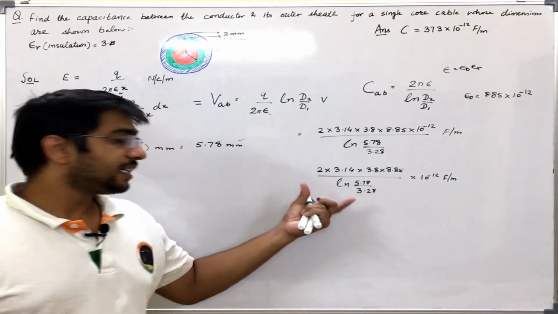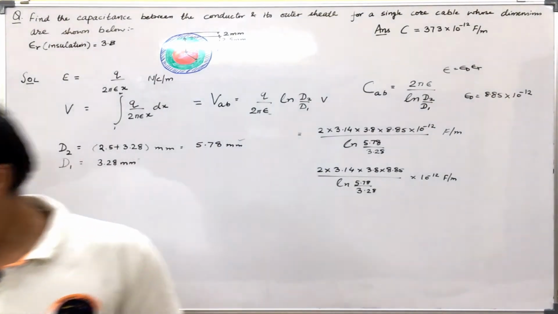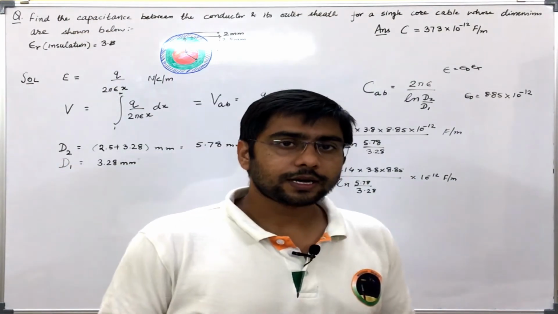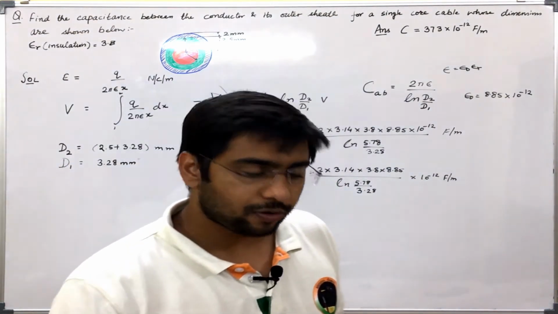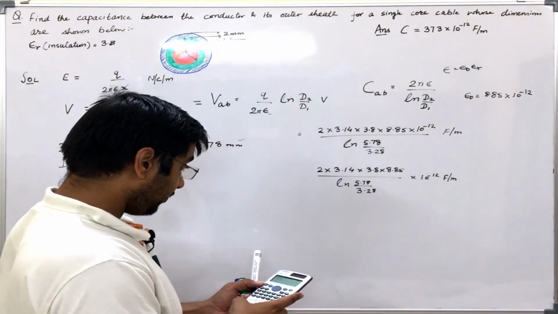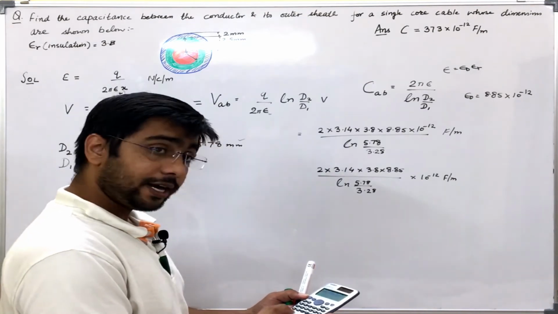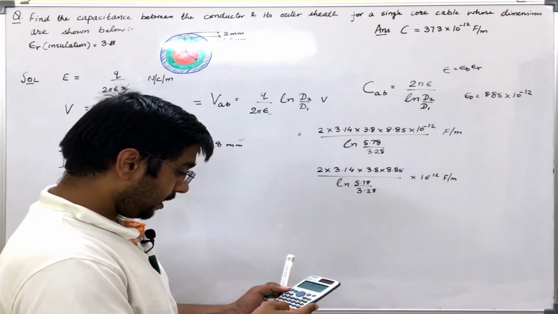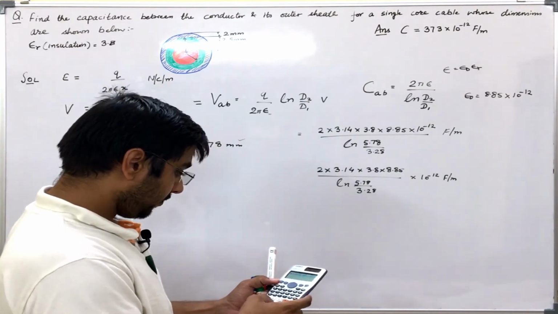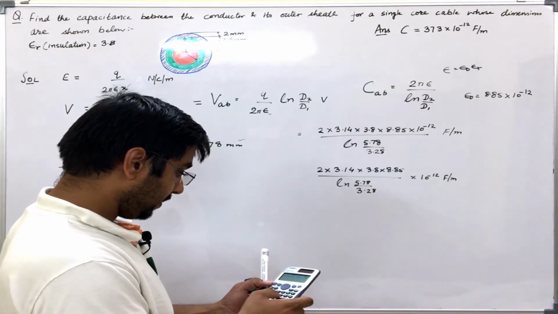Now using the calculator we can find out. Let me take the calculator first. Now I will put these values in the calculator: 2 into 3.14 into 3.8 into 8.85 divided by natural log of 5.78 divided by 3.28.